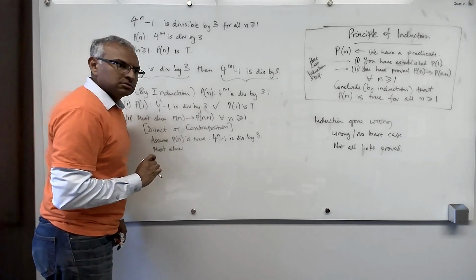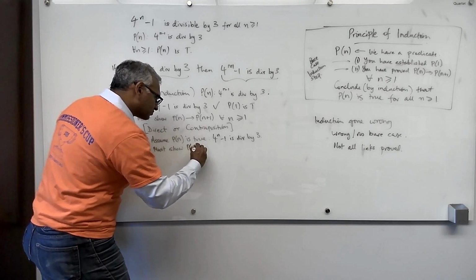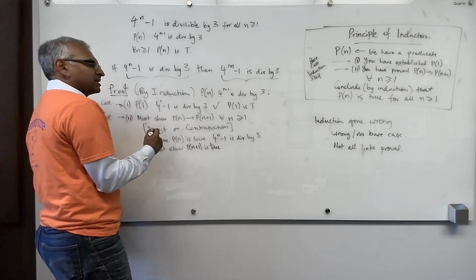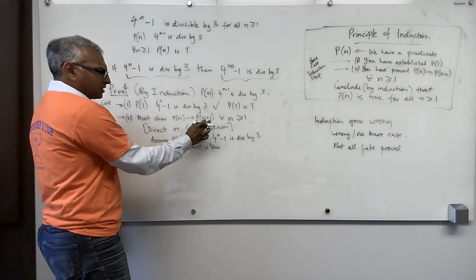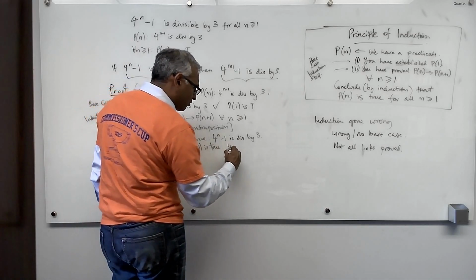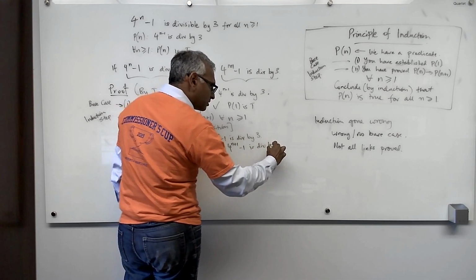Because that's the mechanics of a direct proof. We must show that P of n plus 1 is true. P of n plus 1 is the right-hand side of this implication. What must we show? We must show that 4 to the power n plus 1 minus 1 is divisible by 3.